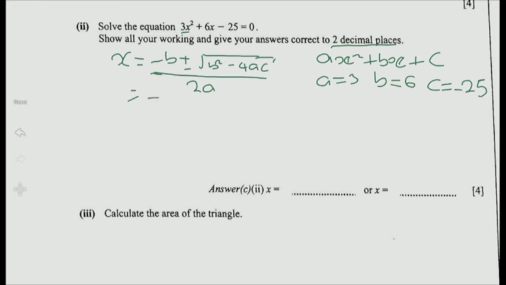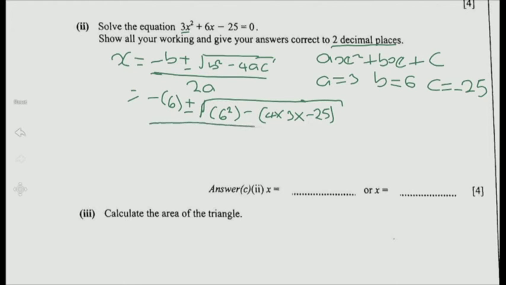Your x will be negative times our b, which is 6, plus or minus the square root of 6 squared, minus 4 times 3 times negative 25, divided by 2 times your a, which is 3, right?